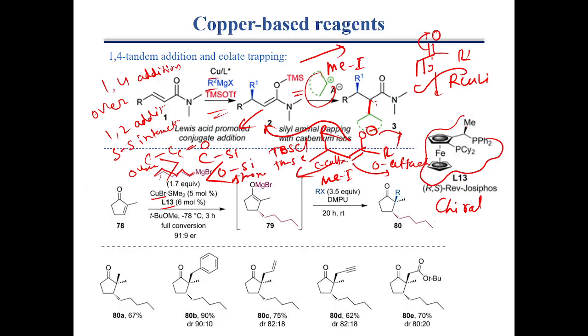Then 1,4 addition happens, followed by any kind of RX, and this enolate is trapped with the R. So if we treat this compound with the chiral ligand, the attack should be on the chiral face in a selective manner. So we get this kind of enantioselectivity or diastereoselectivity.